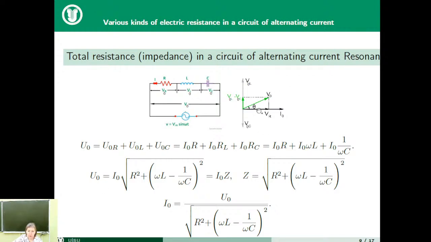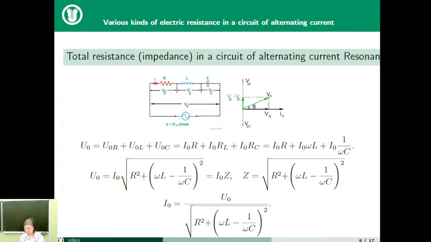Look at this triangle. U0 is this expression where Z is known as the total resistance, or otherwise, impedance.